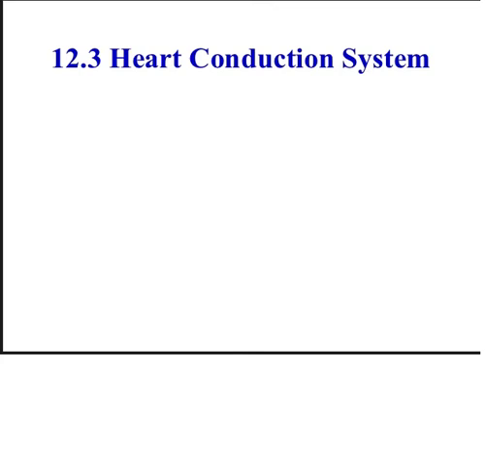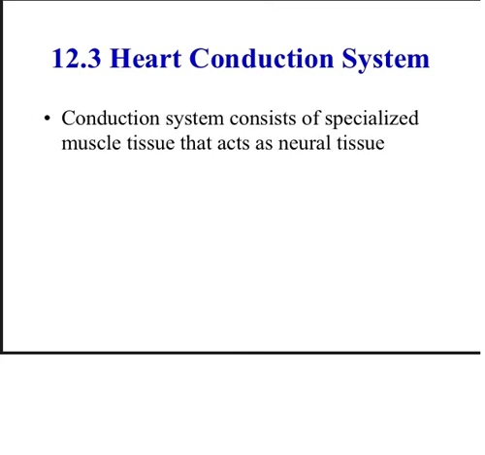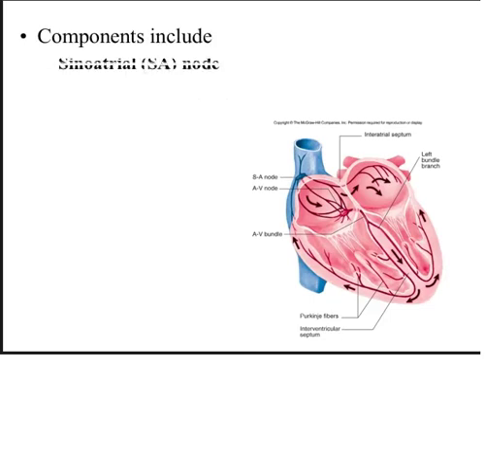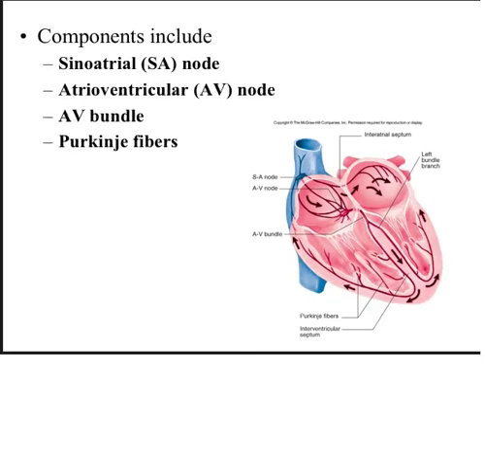So the heart conduction system is specialized muscle tissue that acts like neural tissue in the heart. It's like the heart has its own pacemaker. They generate electrical impulses spontaneously that cause the myocardium to contract. The electrical components are the SA node, the AV node, the AV bundle, and the Purkinje fibers.